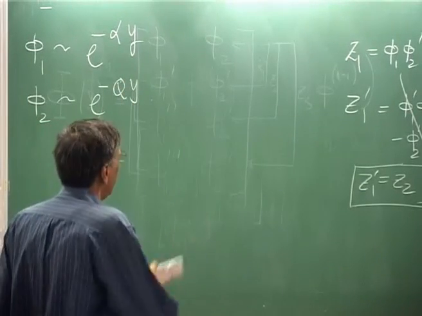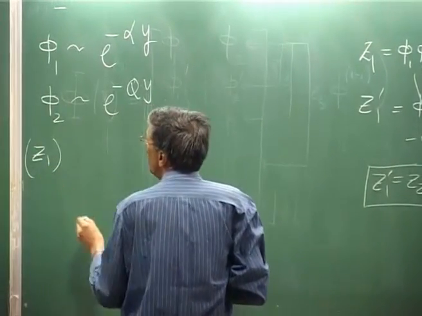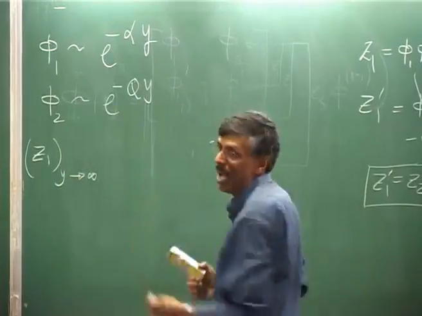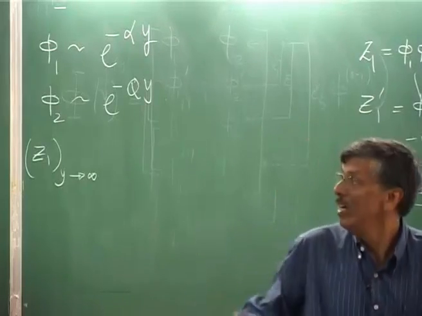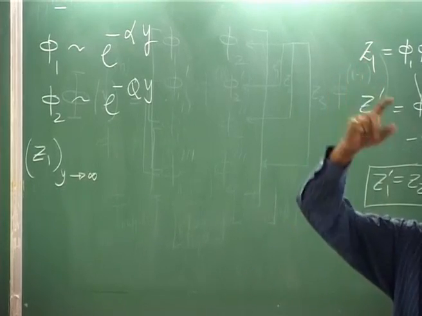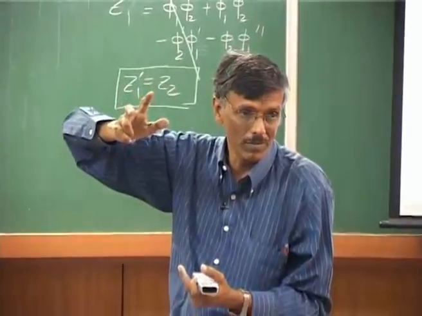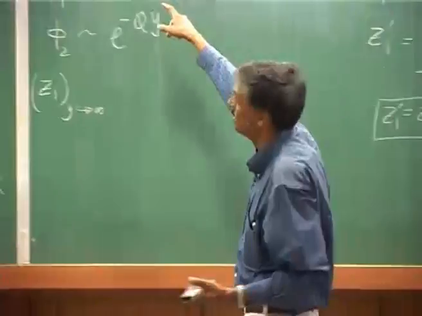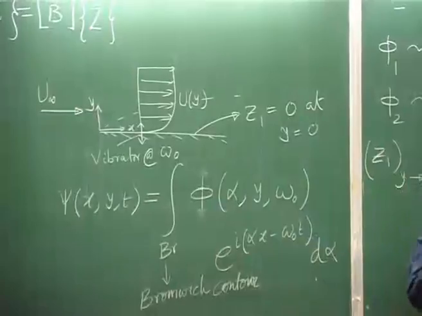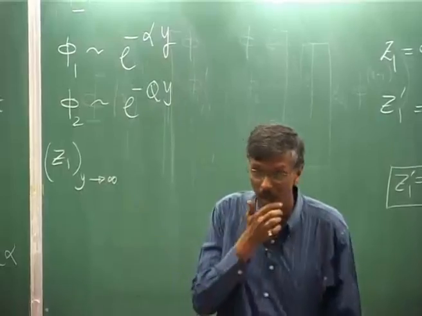Now, if I look at this definition of Z1, we are looking at Z1 for y going to infinity, where we have the fundamental solutions. You see, this phi 1 and phi 3, phi 2 is not the same thing everywhere. It is at that part of the flow where you have a constant coefficient ODE. That is why we could get that exponent. Inside, where u is not equal to 1 and u double prime is not equal to 0, we do not know what these exponents are, right.